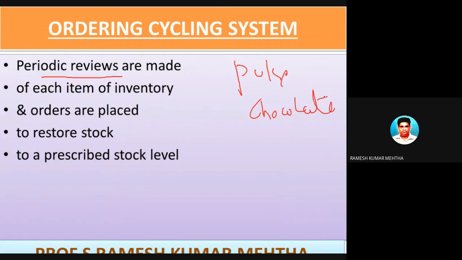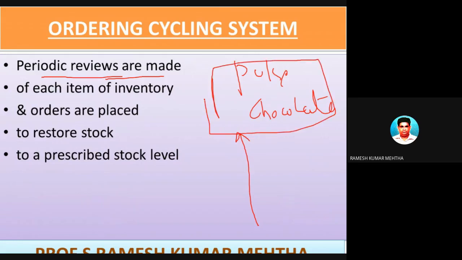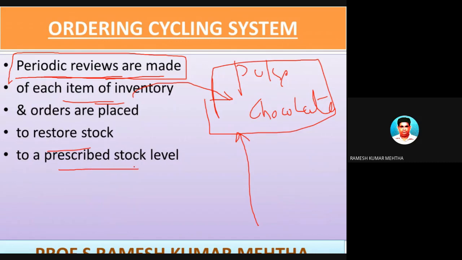I went to a retailer and asked for a container full of Pulse chocolate. He just looked into the shop and told me that he doesn't have it. The reason he does not have it is that he has not made a periodic review of the items in the inventory. So make a periodic review of each and every item, and then place an order for replenishment, to restore it to a prescribed level.